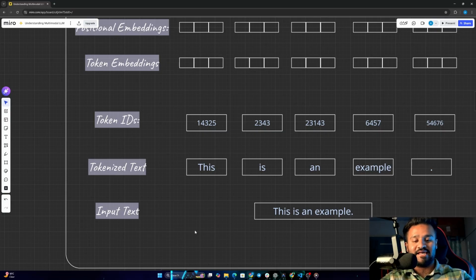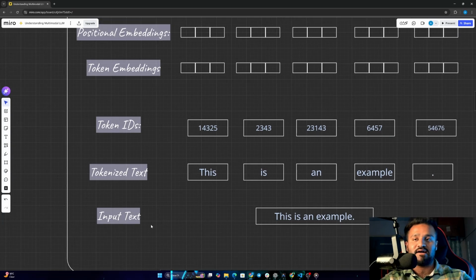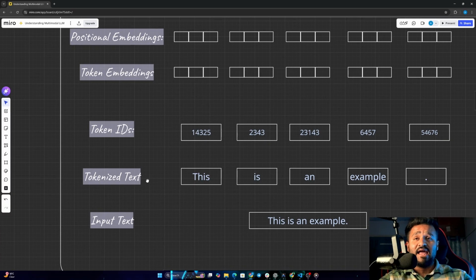So the first thing it does is break the sentence into smaller units called tokens. We divide the words into chunks, and you can see our input text is further divided into chunks. That is known as the tokenized text, and the process is known as tokenization.